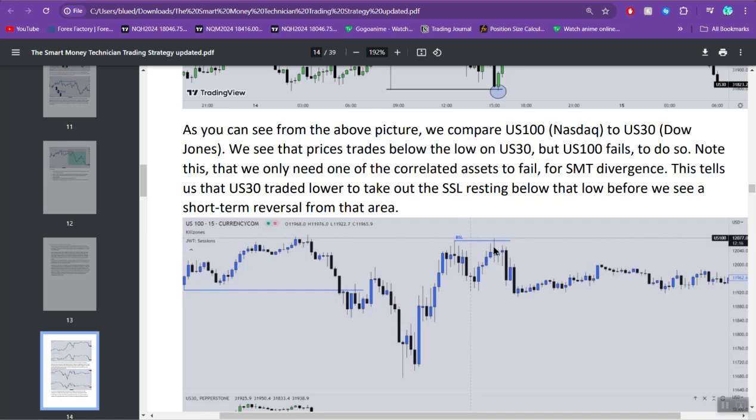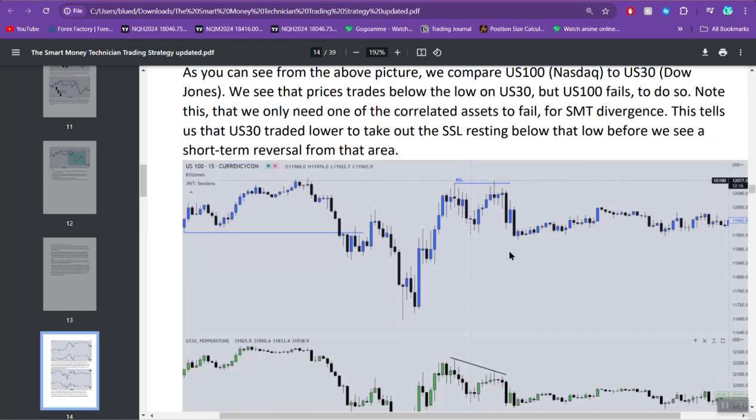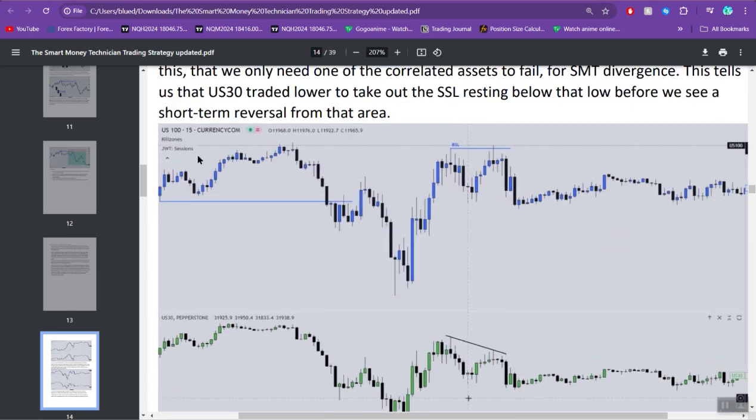But the sure way that we know that price is going to reverse is if we have SMT divergence. This is the most important confirmation that we have, that we know that price will reverse after taking out the buy side liquidity.